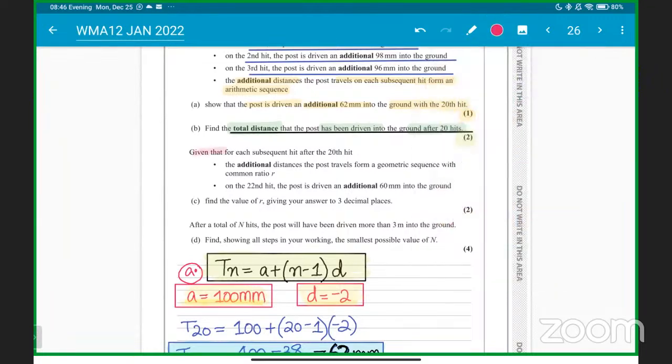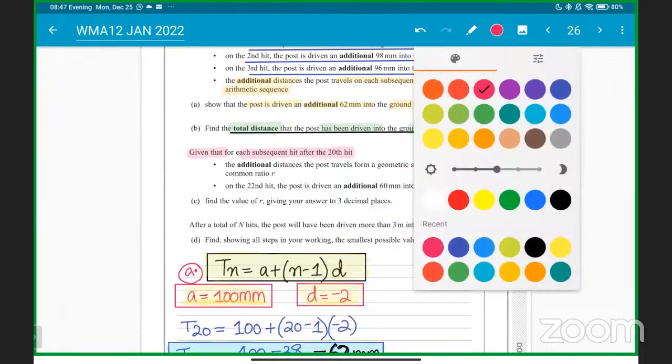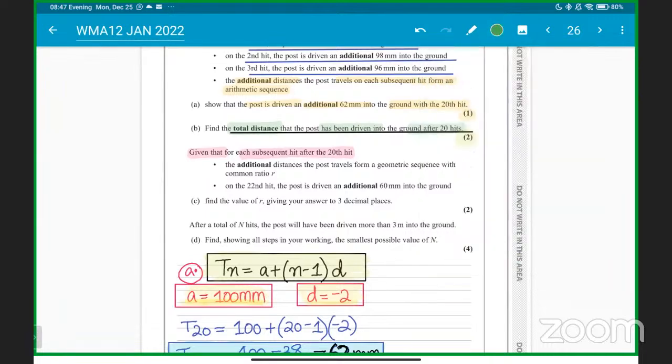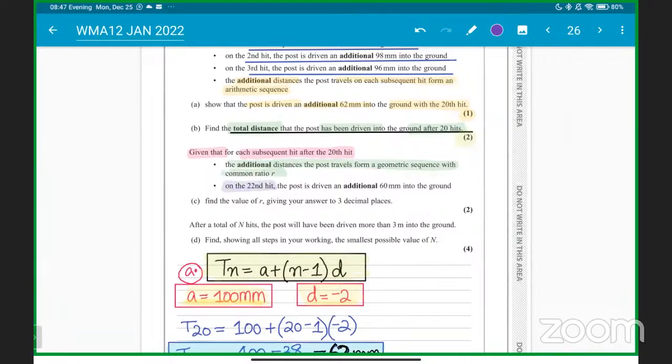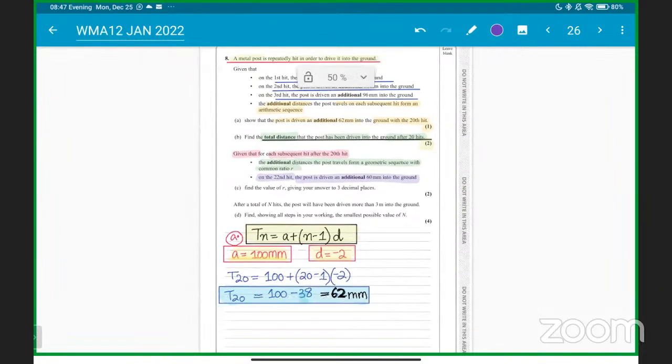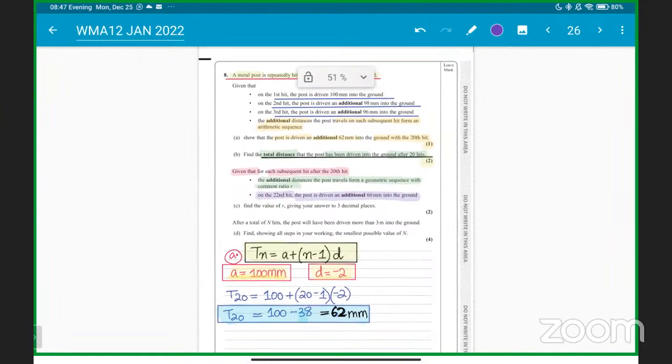Given that for each subsequent hit after the 20th hit, they are telling us that up to the 20th hit it was an arithmetic sequence. But now after the 20th hit, it forms a geometric sequence with common ratio r. On the 22nd hit, the post is driven an additional 60 millimeter into the ground.